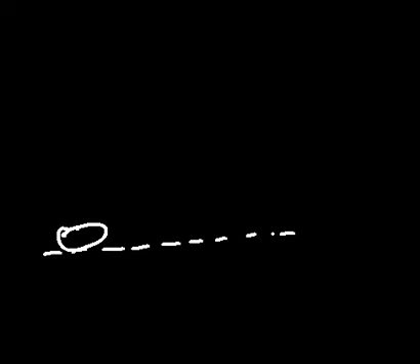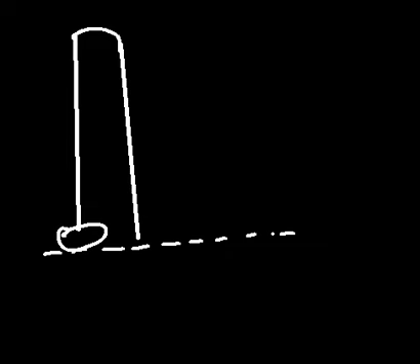The object has been thrown upwards and goes off like this, and after some time, the object gets back to the ground. Let's say in this location, so it should be that.